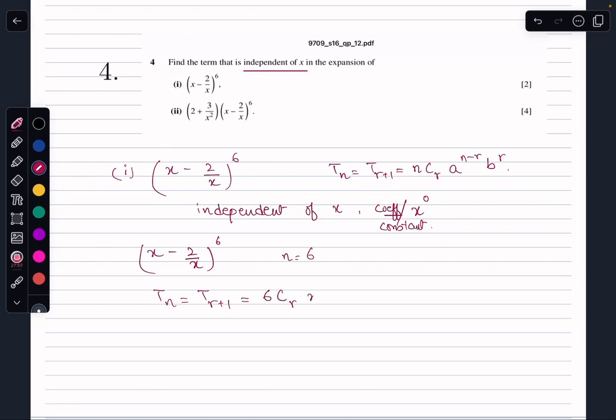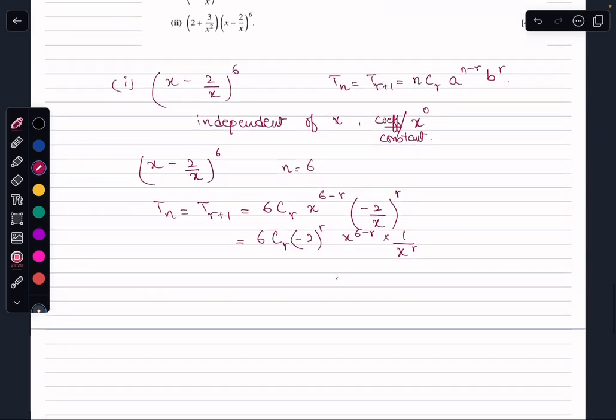A is x, so x shall be equal to the power 6 minus r, and b is negative 2 by x, which shall be equal to the power r here. Let's take all the values on one side and the variable on the other, being very particular with the negative sign, which should be having r as the power. And then here I should say this is 6 minus r, x to the power 6 minus r into 1 over x to the power r.